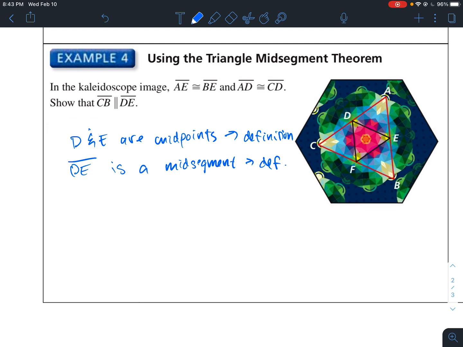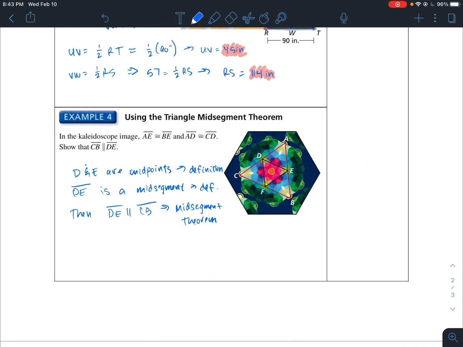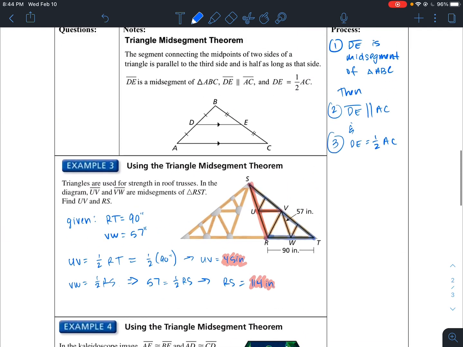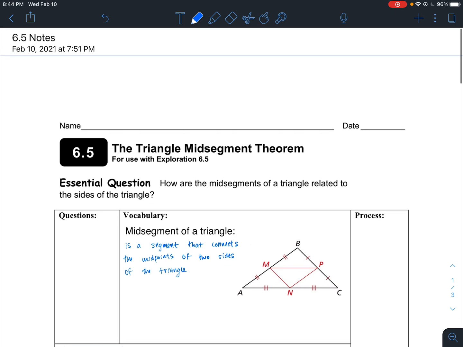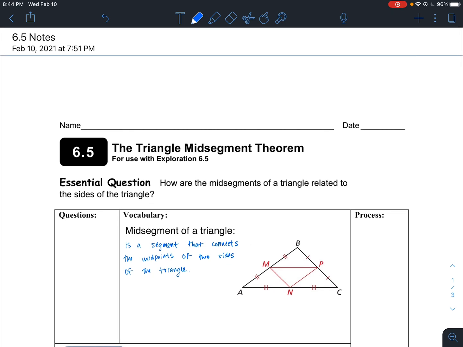And so, since it is a mid-segment, then DE has to be parallel with CB, and that's from the mid-segment theorem. Okay. So yeah, that's really all you had to show. Really not too bad. But that should pretty much do it for the rest of this lesson, the triangle mid-segment theorem.